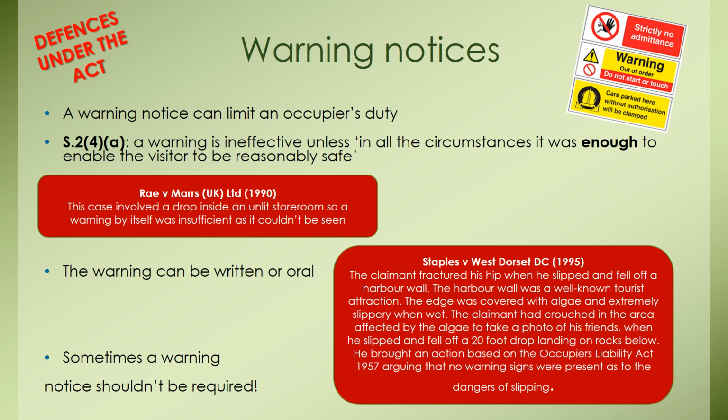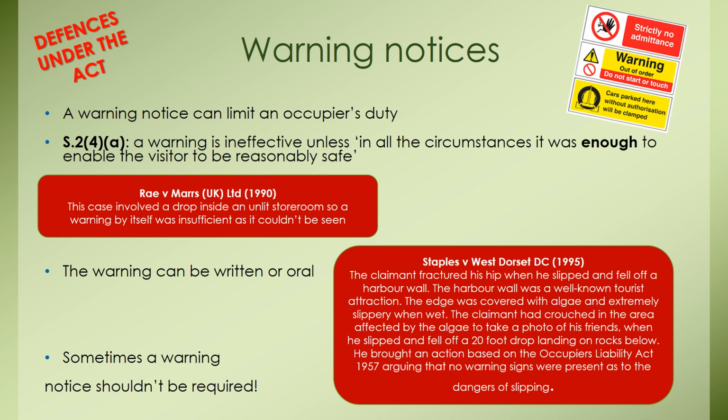And then we've got another case here, different facts, Staples v West Dorset District Council. So the claimant fractured his hip when he slipped and fell off a harbour wall. The harbour wall was a well-known tourist attraction. The edge was covered with algae and extremely slippery when wet. The claimant had crouched in the area affected by the algae to take a photo of his friends when he slipped and fell off a 20-foot drop, landing on rocks below.